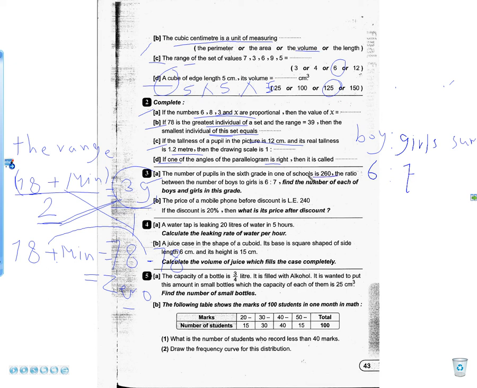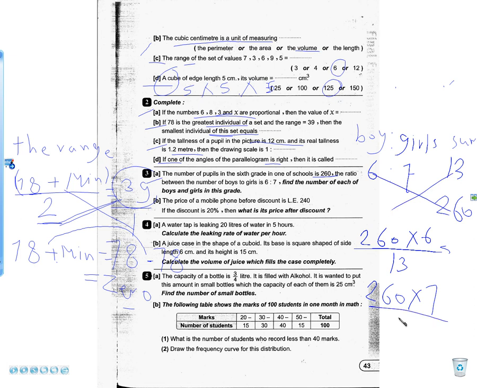But firstly, we add 6 plus 7, which is 13, and 260 is written down, by making a cross. Boys equal 260 by 6 over 13, and girls 260 by 7 over 13.